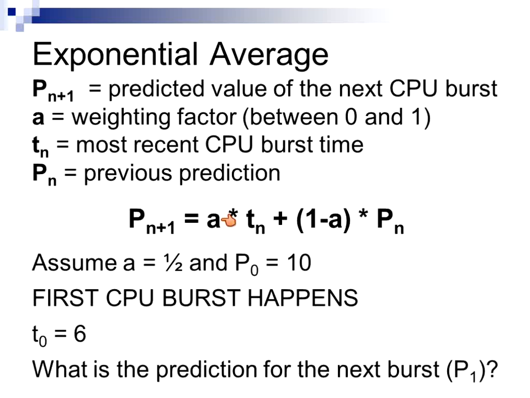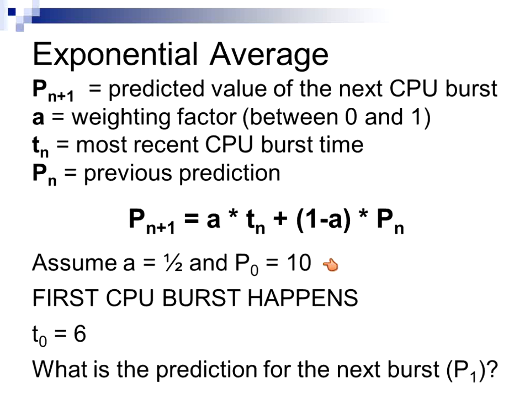Okay, so A is used here in the formula, here and here, and what it's doing is actually assigning the weight to what's more important, the recent history or all of the past history of the different processes that have come in to the CPU. Okay, so we're going to look at that.